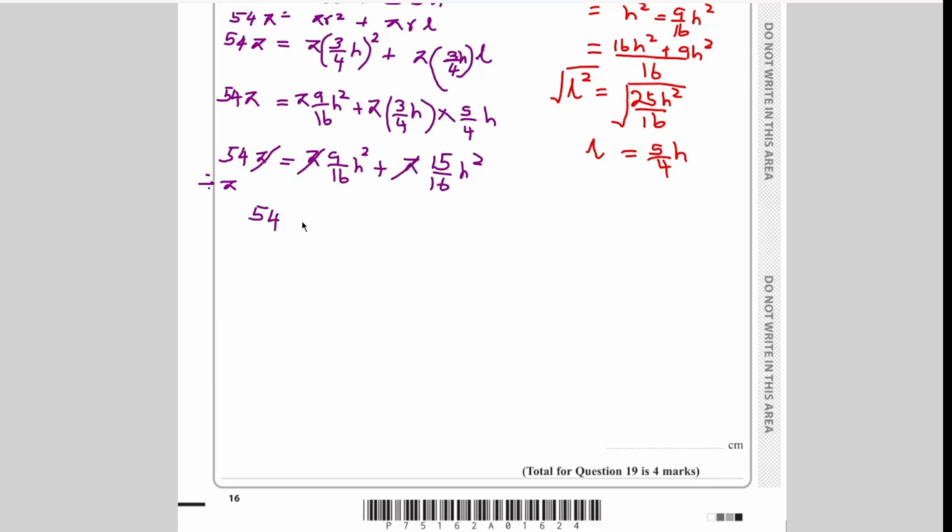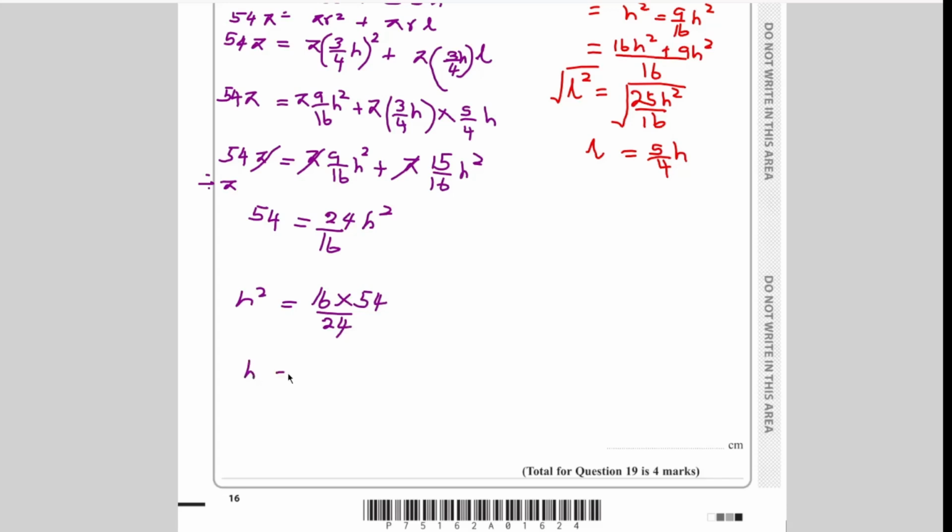54 equals, we can add this one because both of them are h squared. So 15 plus 9 becomes 24, h squared over 16. Then h squared equals, let's cross multiply, 16 into 54 over 24.